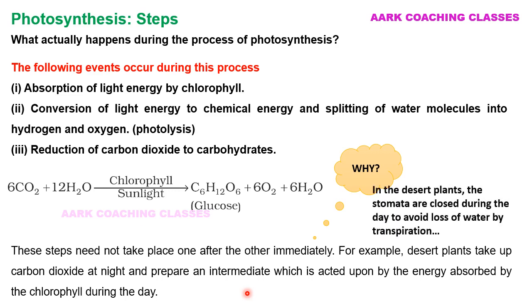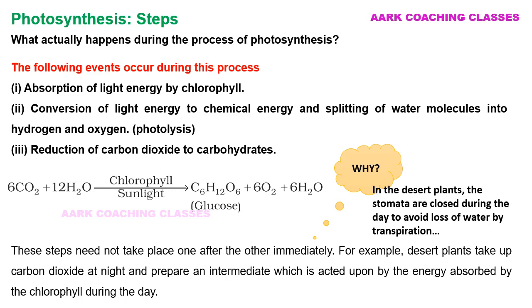Okay. In the desert plants, the stomata are closed during the day to avoid loss of water by transpiration. So during the daytime, if you observe the stomata of the desert plants, these are closed to avoid loss of water by transpiration. Since stomata are closed, the pores are closed, plant cannot take up CO2 for the process of photosynthesis.